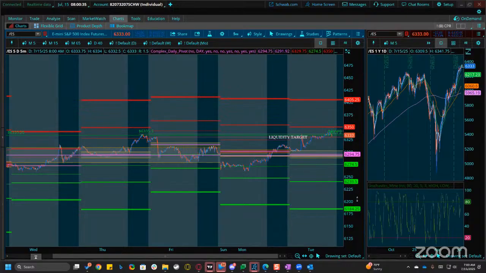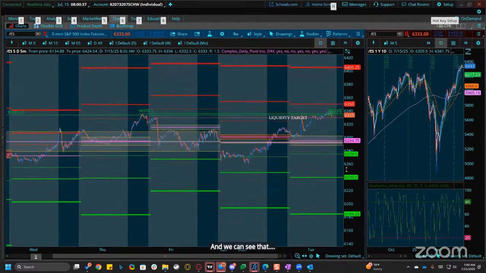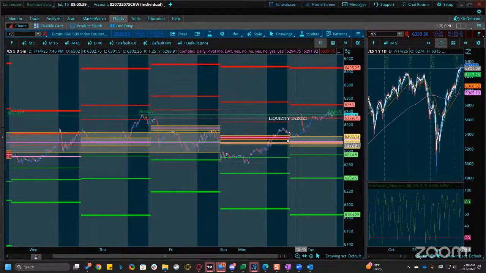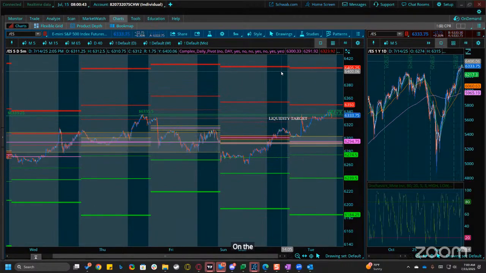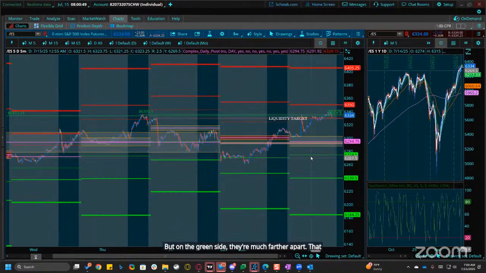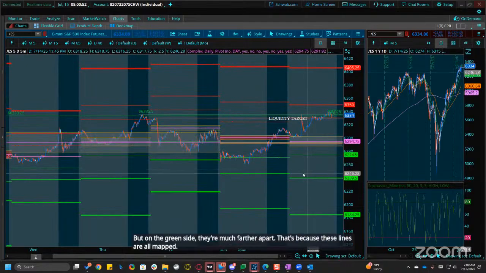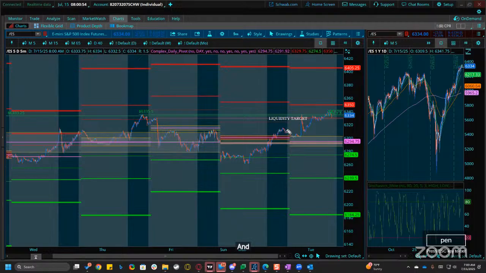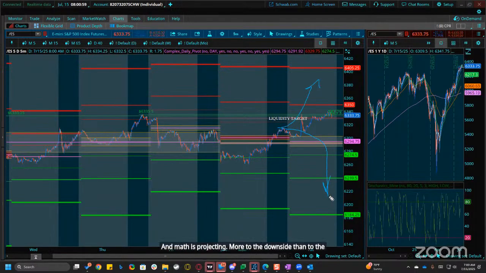And we can see that while the floor pivots aren't far off, on the red side, the R levels are really close together. But on the green side, they're much farther apart. That's because these lines are all math, and math is projecting more to the downside than to the upside.